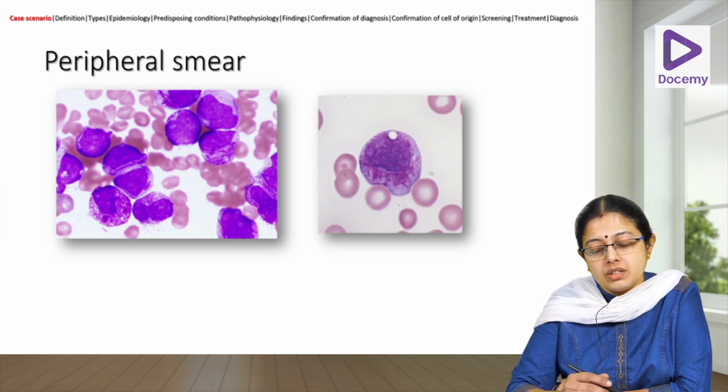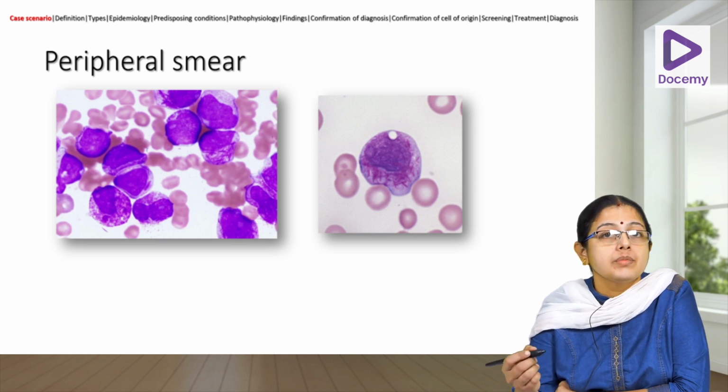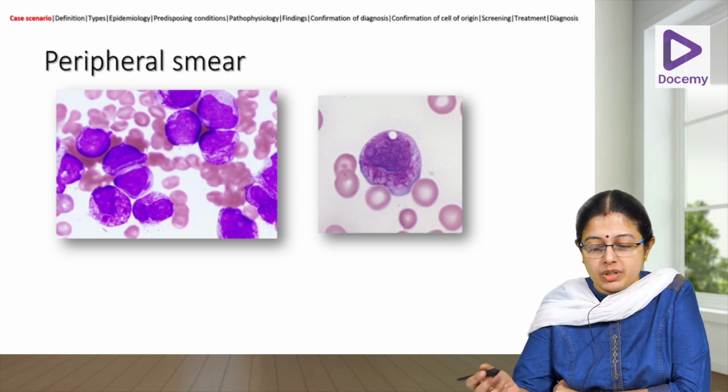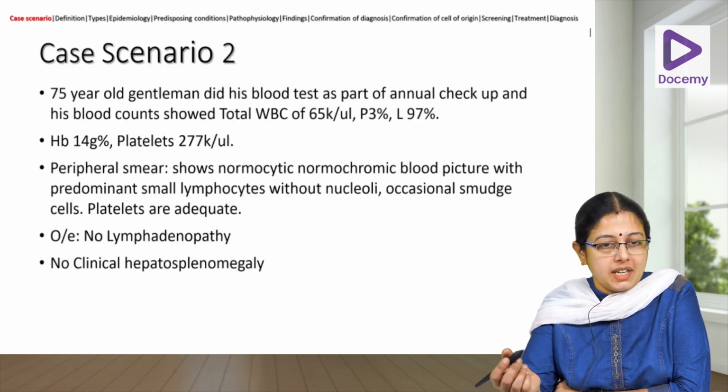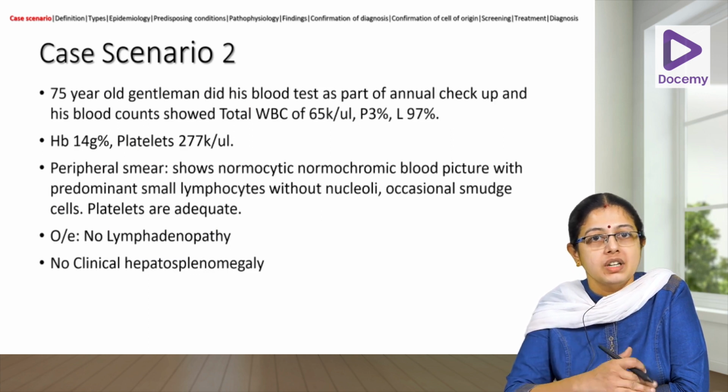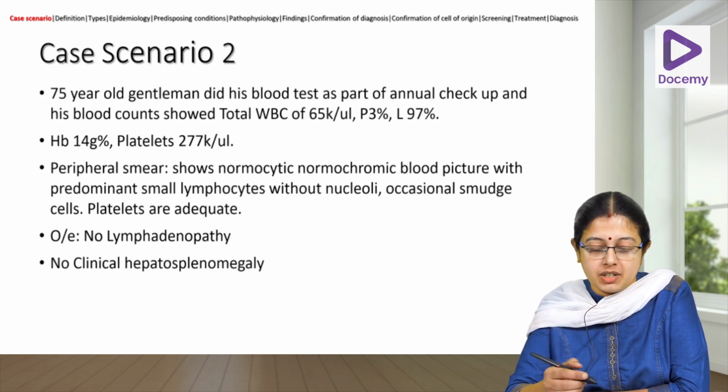This makes you understand that this patient could be having an acute promyelocytic leukemia. Coming to the next case scenario, we will be dealing with the treatment again at the end of the presentation.